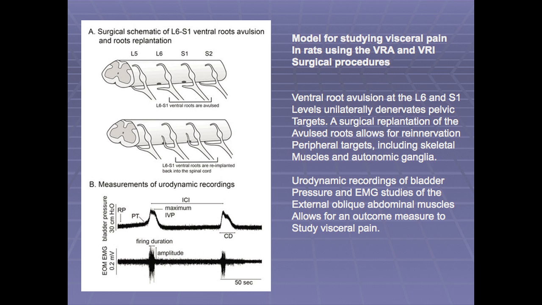We've also expanded this a bit by developing a visceral pain model, a model in which we can look at certain reflexes that involve visceral function. Here we're infusing the bladder with saline after a ventral root injury, as you see here. Normally when the bladder empties, there is also a component of abdominal muscles that are activated.